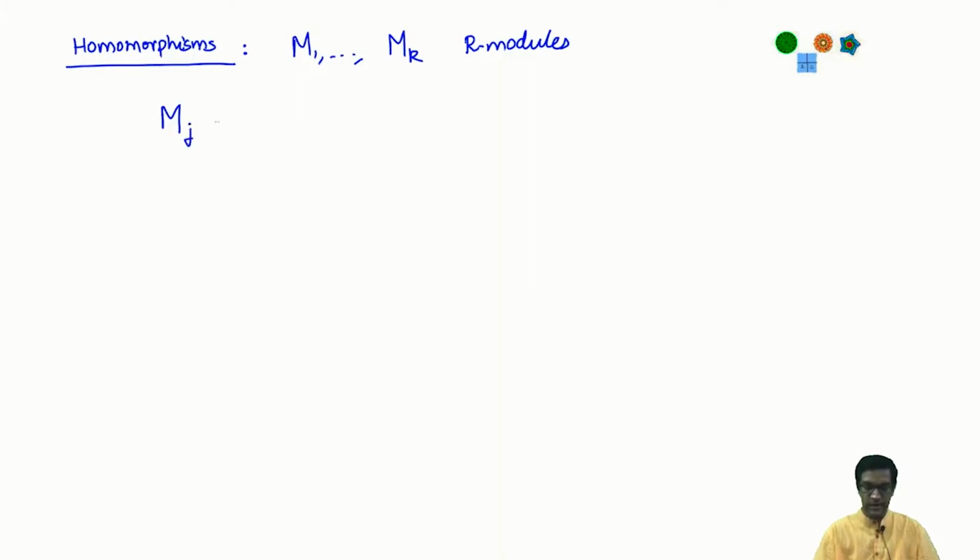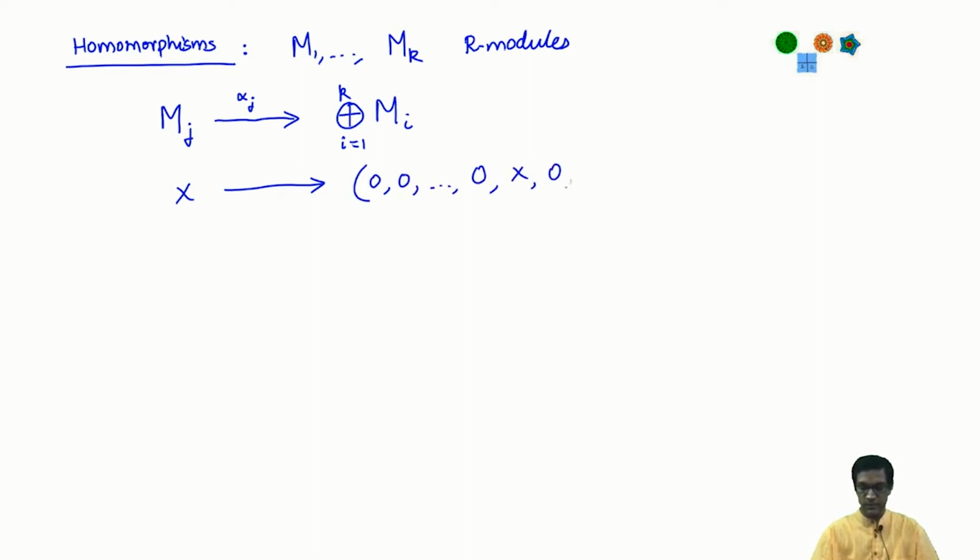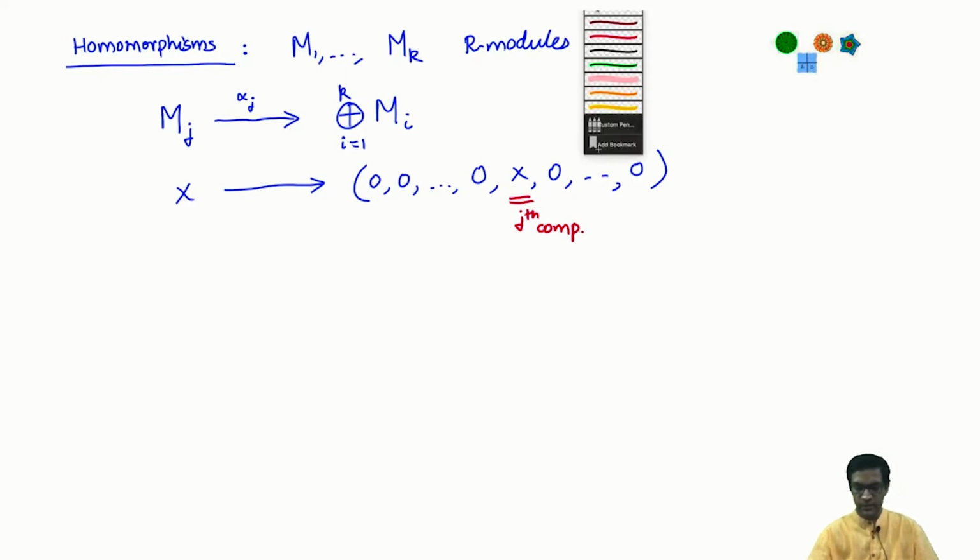Let me take any one of these, and from that I have a map to the direct sum. Let's give this map a name; let me call it alpha sub j. This map does the following. If I have an element x in the module Mj, it maps it to the ordered tuple which is 0 in all the other components, except in the jth component alone, where it takes the value x. So this is the map from Mj to the direct sum.